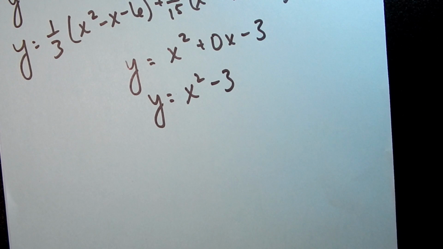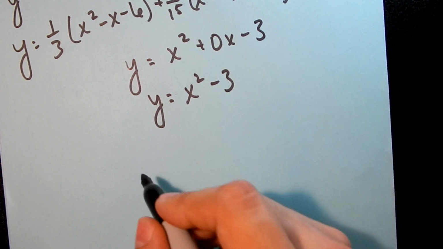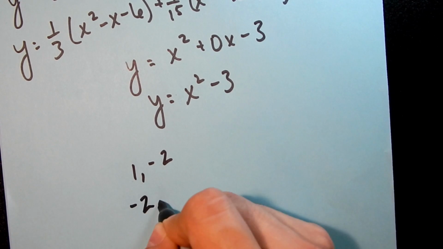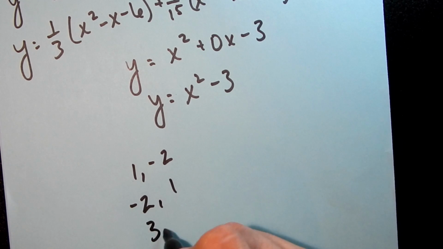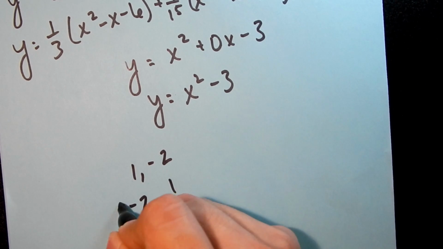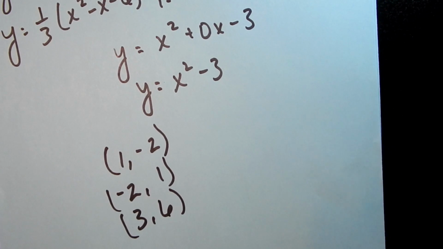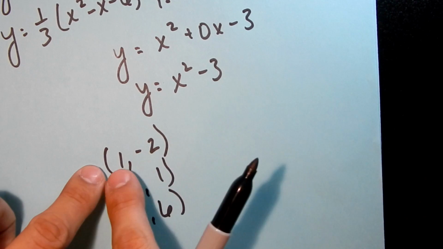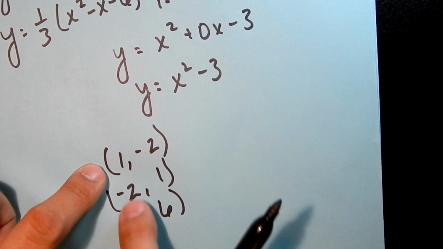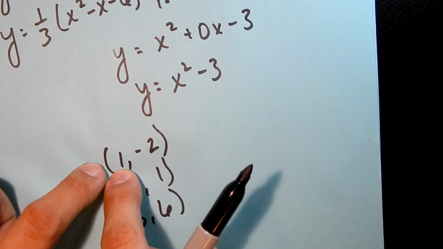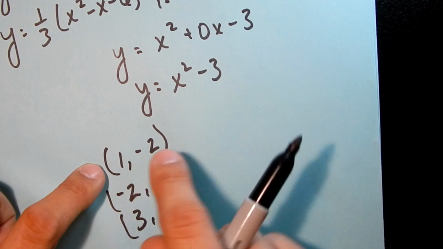Now, if we go back to our original points, we had 1, negative 2, negative 2, 1, and 3, 6. So these were the original points that we were working with. Now we can test this x squared minus 3 and just make sure that that works. These are your x values, these are your y values. So if we square 1, we get 1, and we subtract 3, we get negative 2.